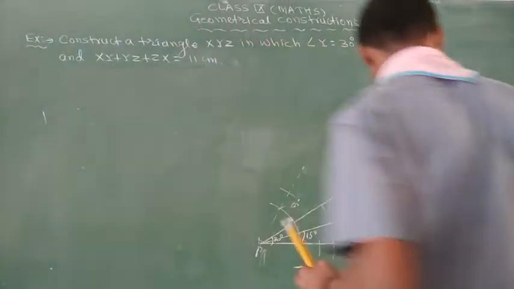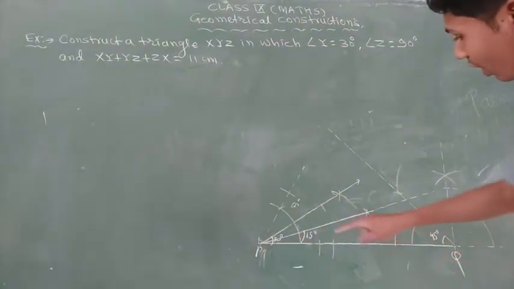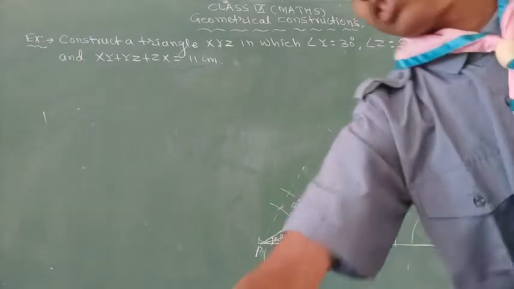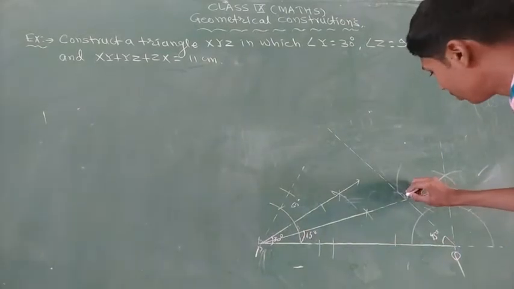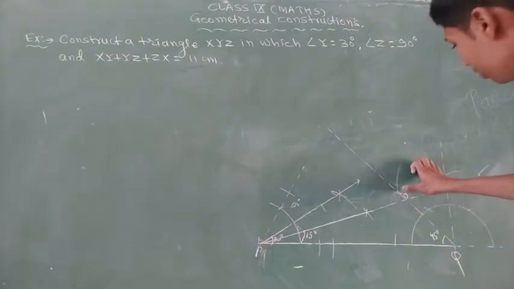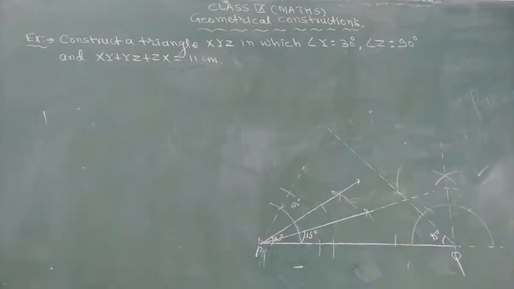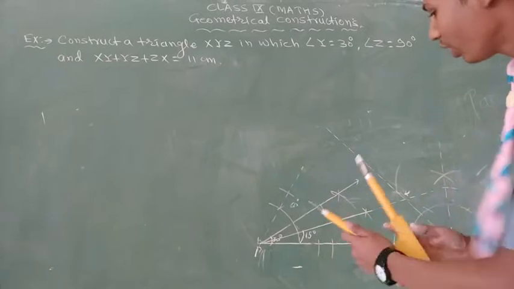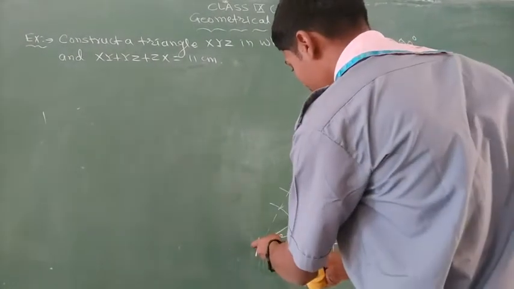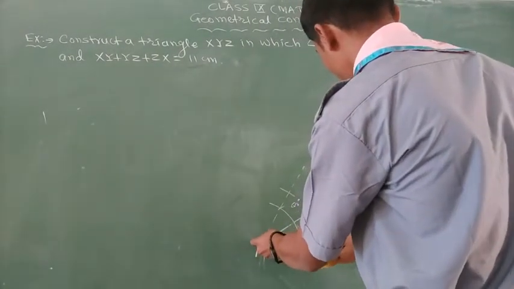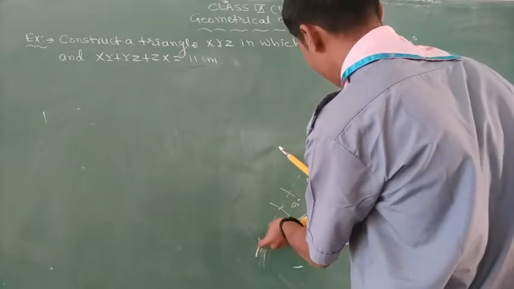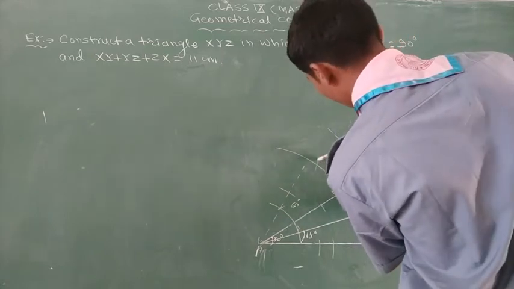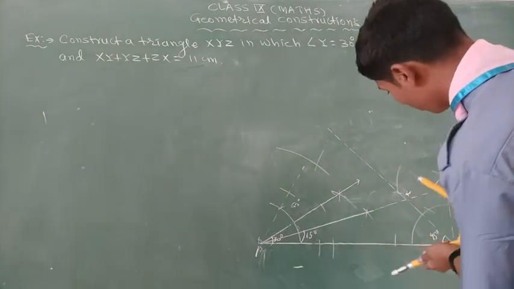Now we take the perpendicular of this line P. Name this point X. We have to draw a perpendicular bisector of this line from this point, and the same here.